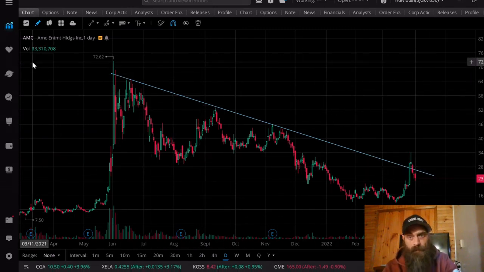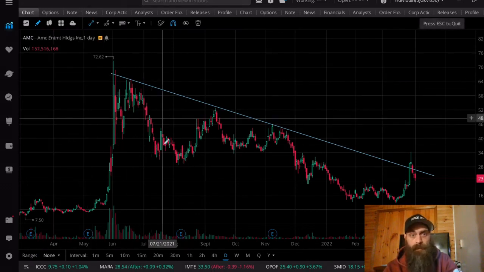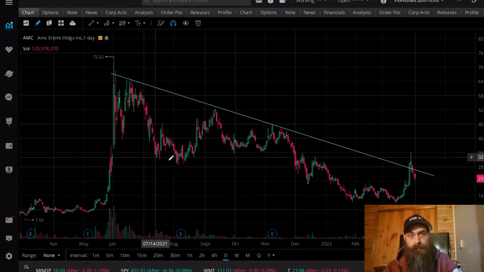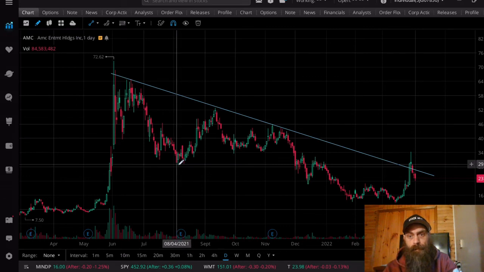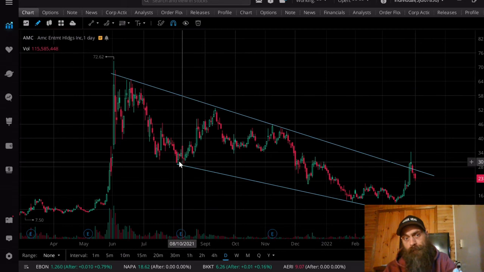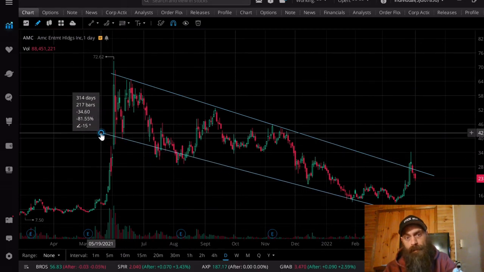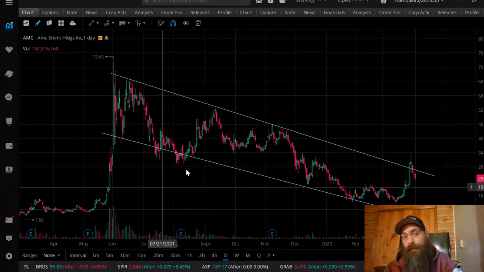So you could also do downward trend lines too. So we could click here. I'd click there and there. It's not exact. It could even be something like that.